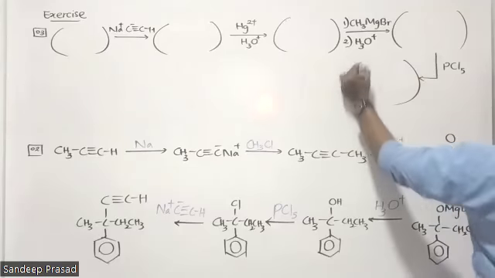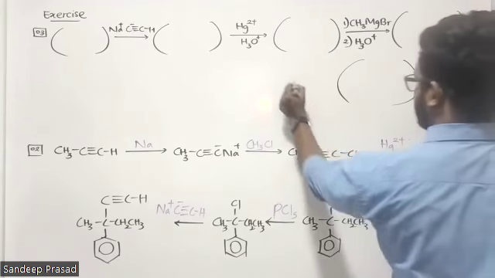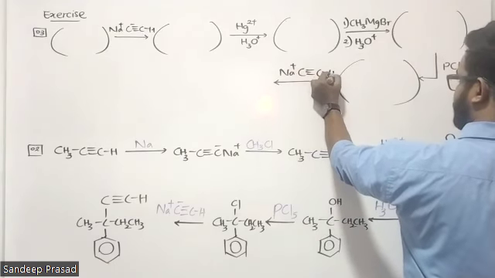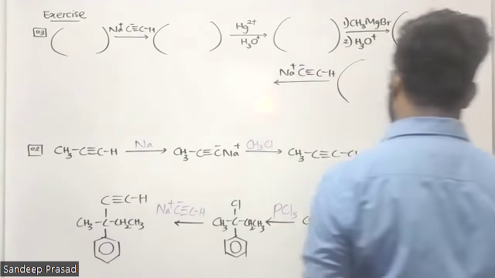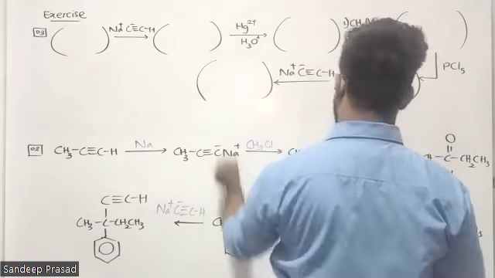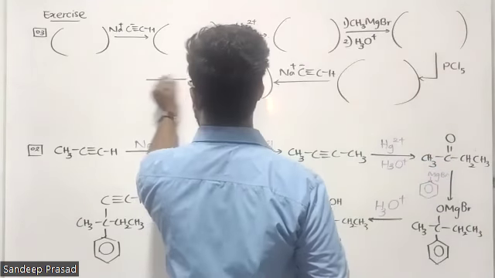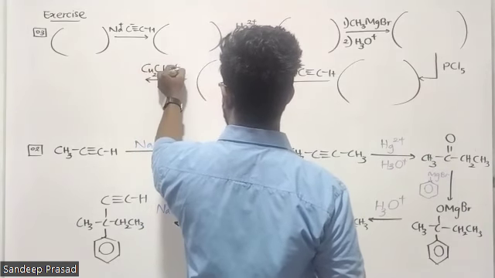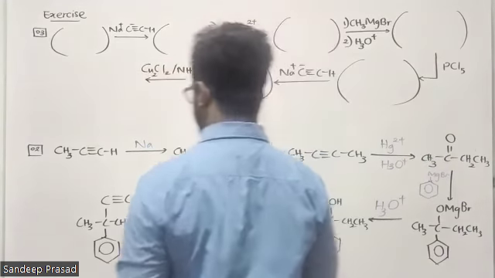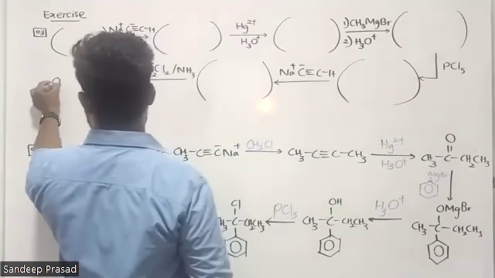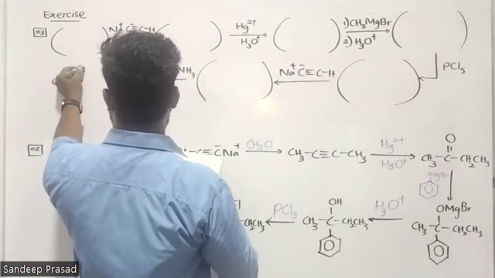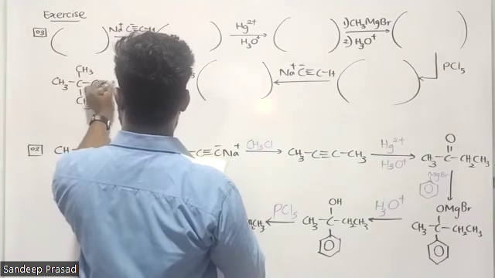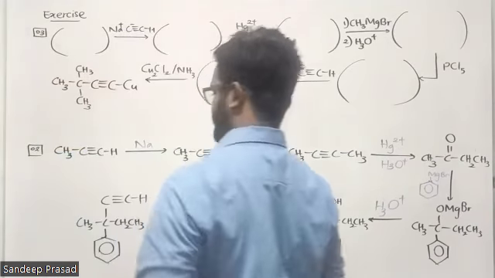PCl5. Cu2Cl2 in the presence of ammonia. So the final product is given in this.